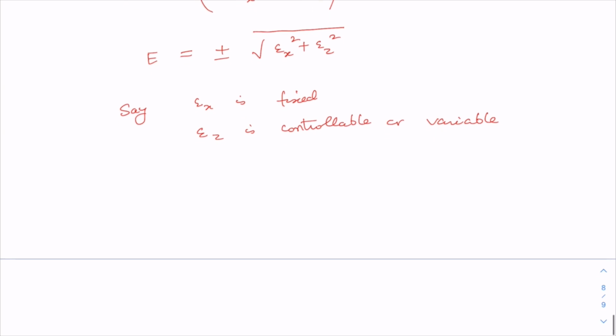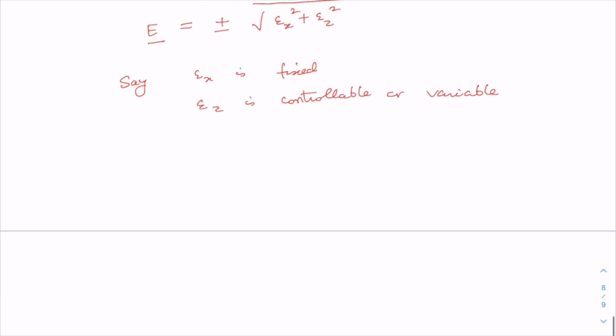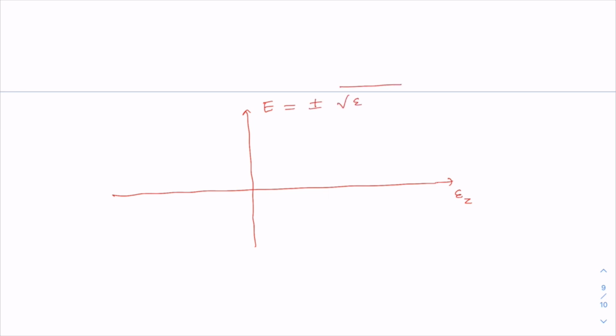Let me plot the eigenvalue E as a function of this controllable parameter epsilon z, and we'll get something interesting here. If I plot the eigenvalue E as a function of epsilon z, keeping epsilon x fixed, the eigenvalue is square root of epsilon z square plus epsilon x square. Now when epsilon z is equal to 0, you see E is simply plus minus Ex.